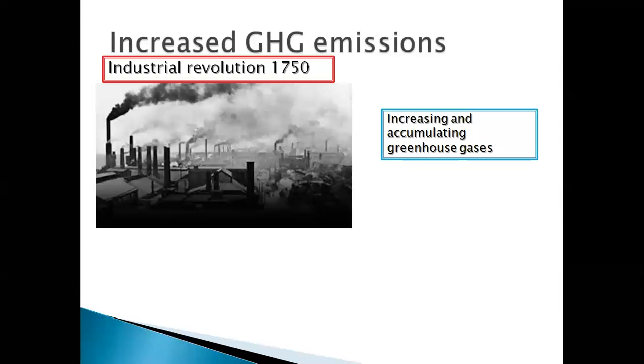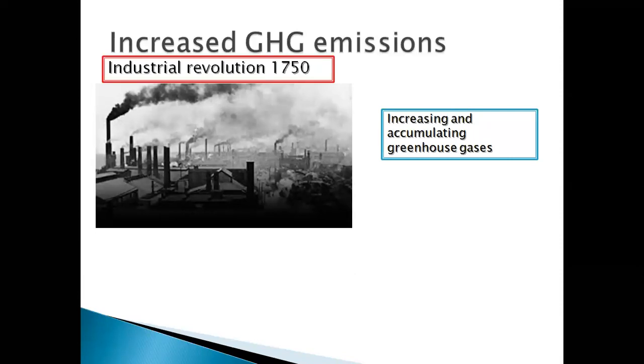So now, the Industrial Revolution in 1750 increased the emissions of GHG and the accumulation of the greenhouse gases. So both things. So as you say, GHG gases are CO2 carbon dioxide, methane, and nitrous oxide.